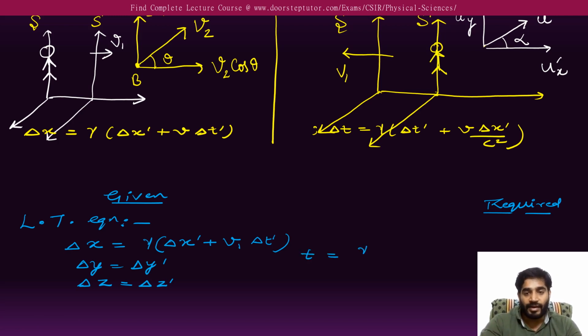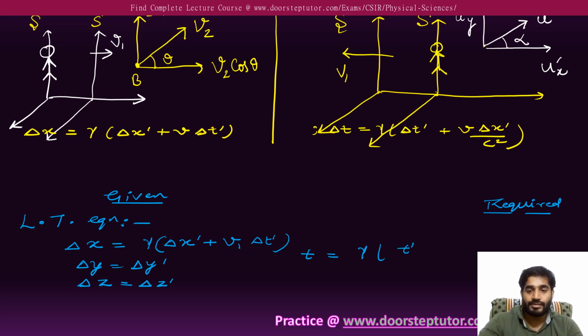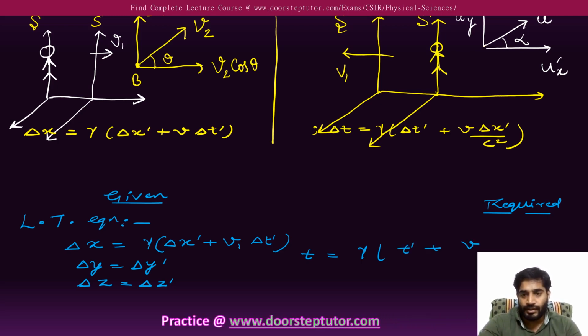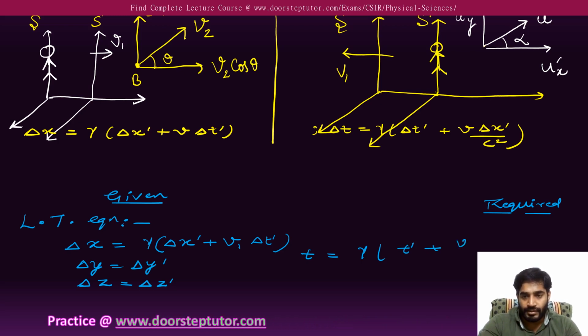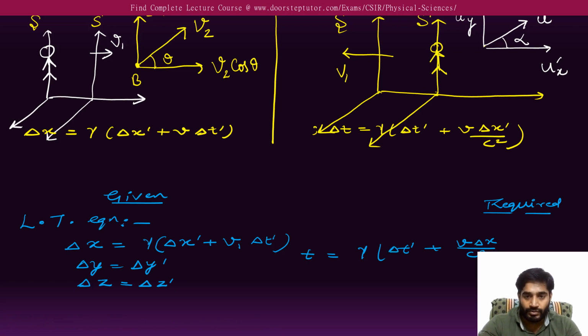Now, as we know, time is gamma times (t dash plus v x dash over c squared), and here also we take the delta.